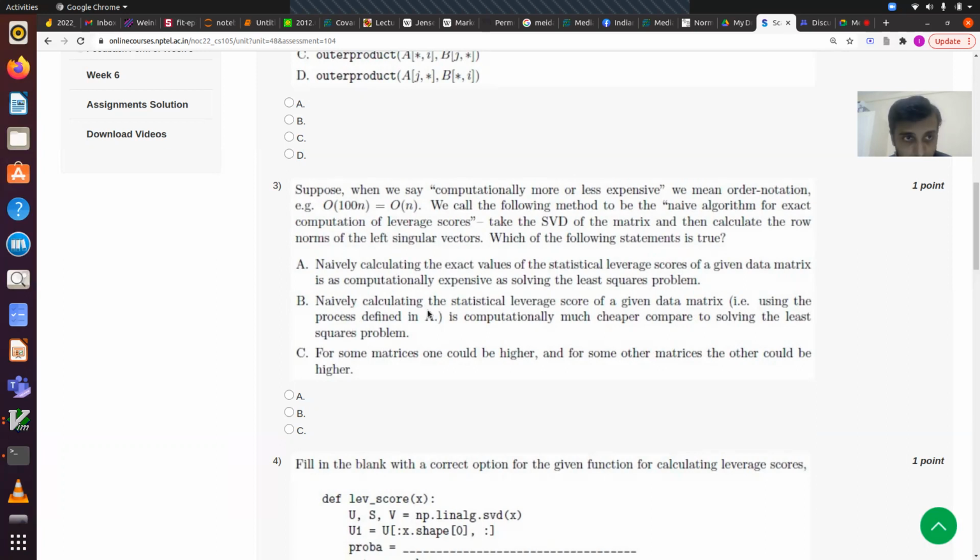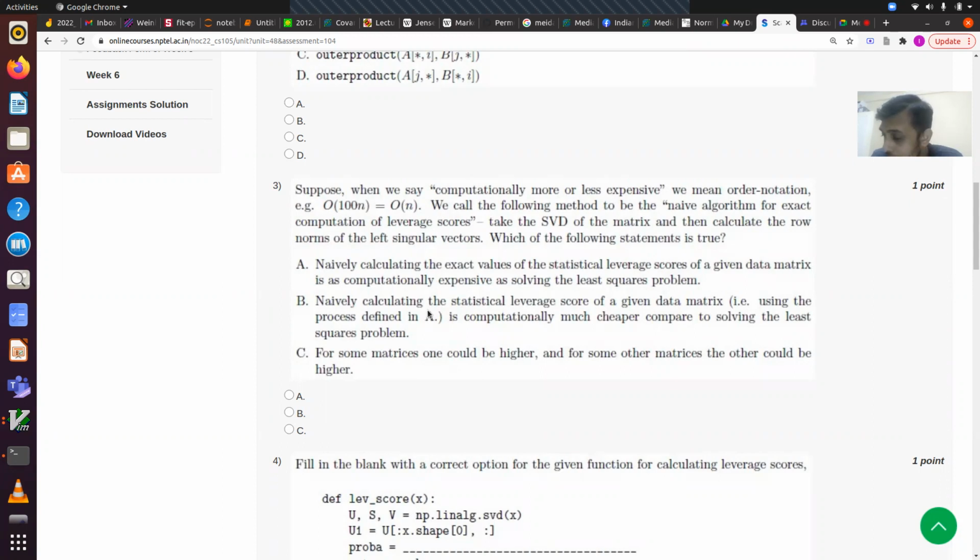So I need to know from which book he is following because so many books are there. Yeah, so he has given the reference at the end of the slides. For the leverage score part, I think he is following these lectures by Kapoor.